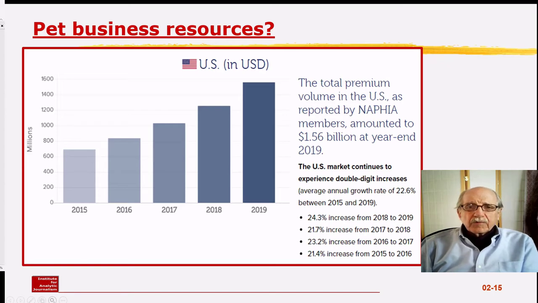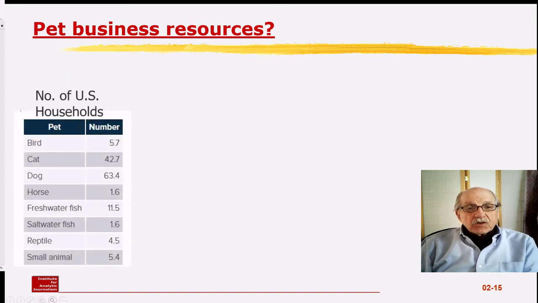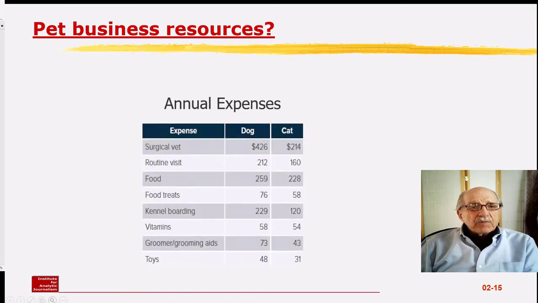The total number of pets insured reached 2.3 million at year-end 2018. It was up by over 17% too. Here we have millions of U.S. households with pets. Check the annual expenses per household. If you have a pet, maybe you too suspect this dollar amount is on the low side.